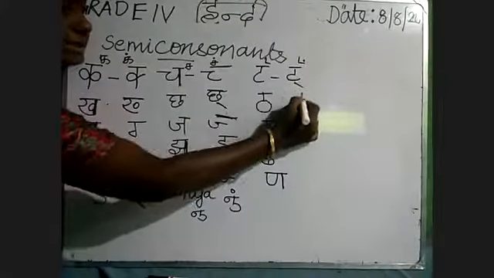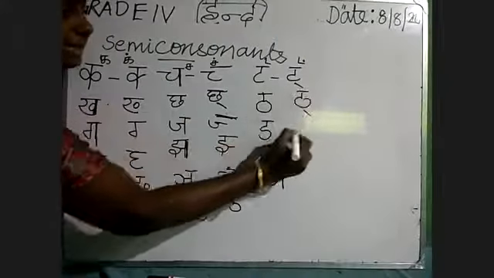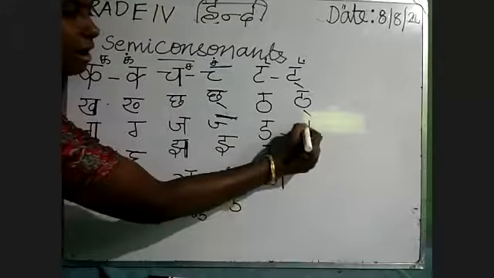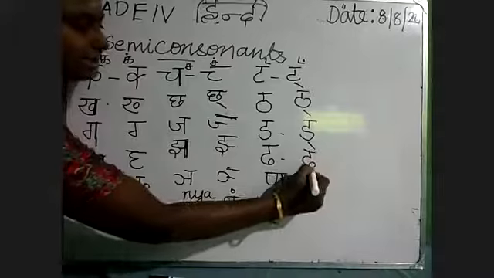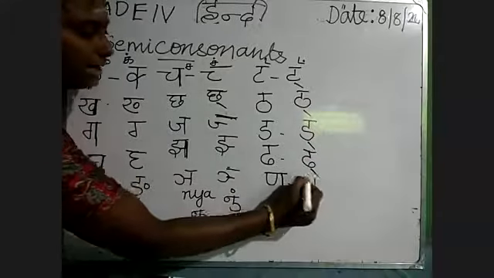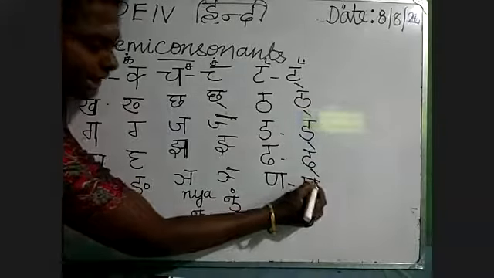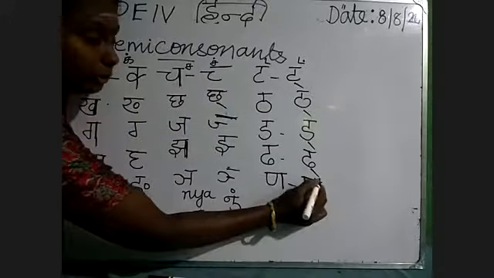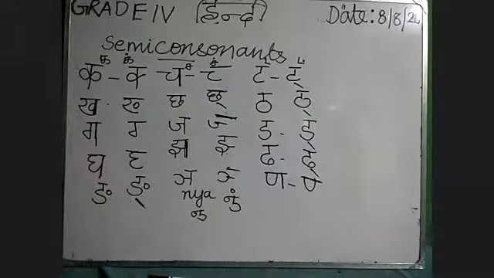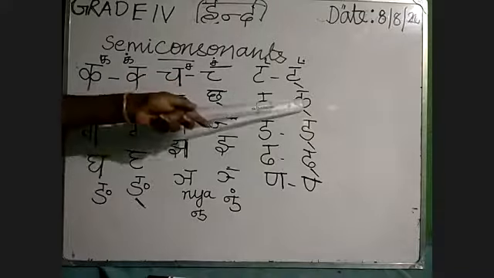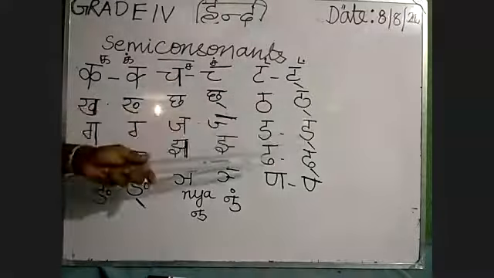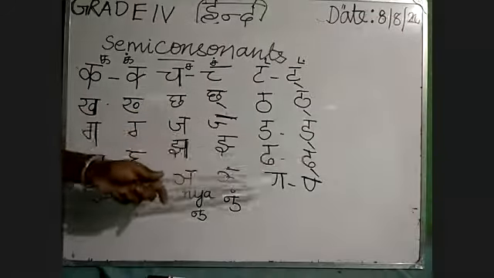This is da and this is id. Na, in. For this line letter alone, you have to remove this line. Say ta, it, da, id, na, in.